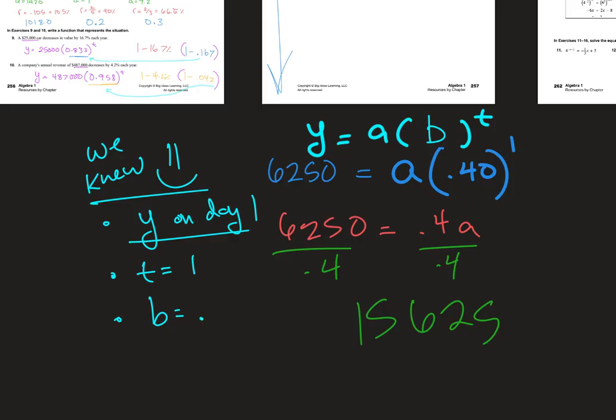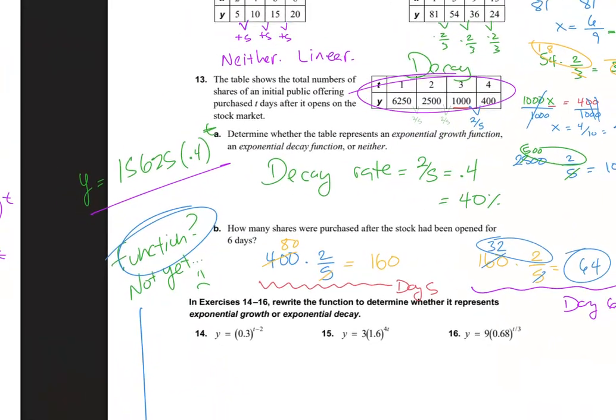So we know that b is 0.4, okay? So when you know these things, you plug them in here, here, and here. When an equation has one unknown, you can usually solve for it. Well, you can hopefully solve for it, because then you can know what it is. And that's what I'm saying. We found out that a was equal to that. That was our initial value, which gives us this. So that if then you were to go to Desmos and take a 6 and plug it in here, you would get 64, I promise.